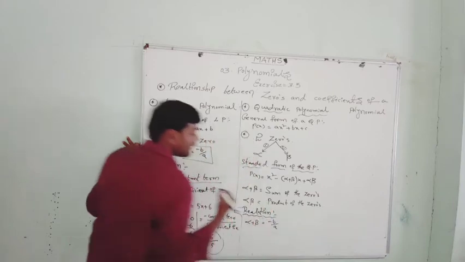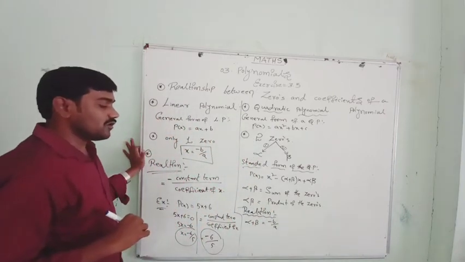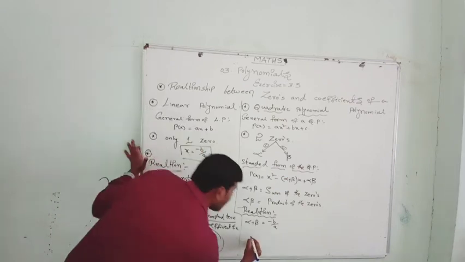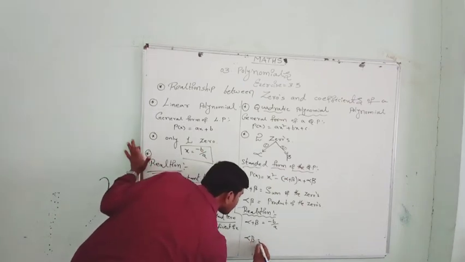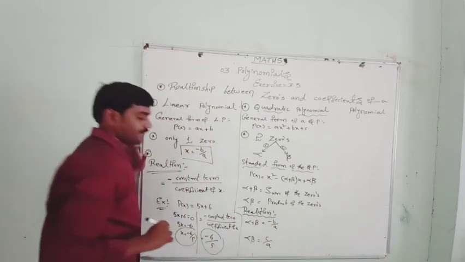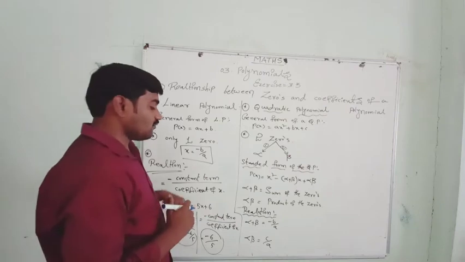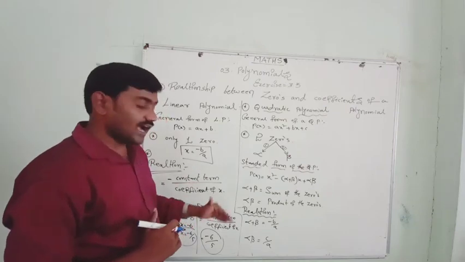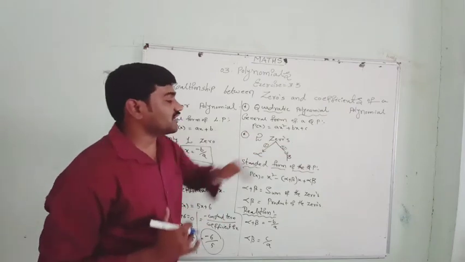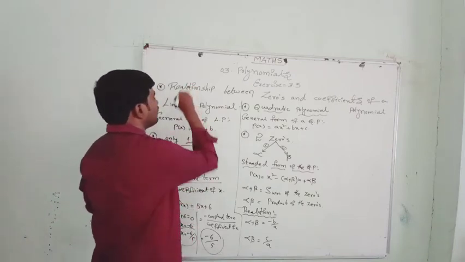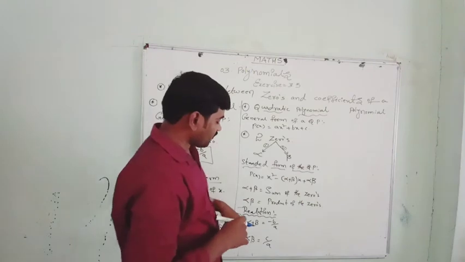Alpha plus beta equal to minus b by a. Alpha plus beta equal to minus b by a. Alpha beta equal to c by a. What is this minus b by a, and what is this c by a? In the sense that we will get it from the general form of a quadratic polynomial.